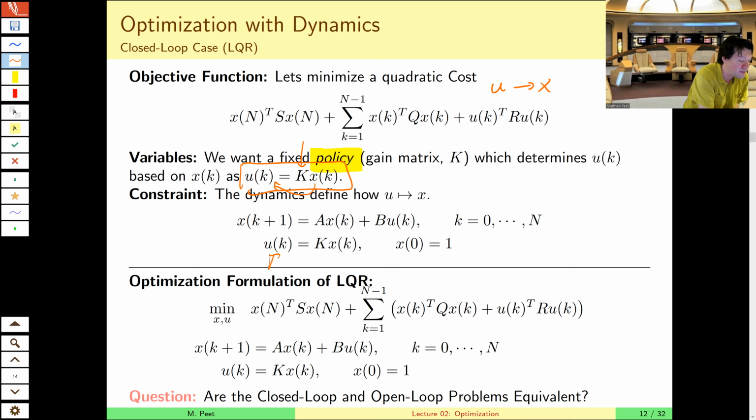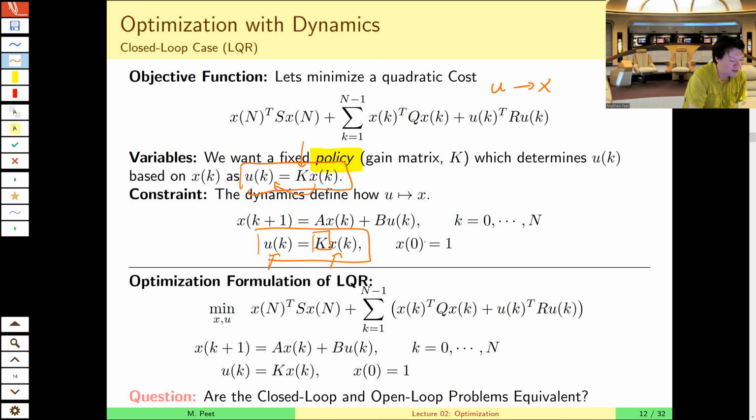So we don't need to optimize over u. We don't need to optimize over k. We're just solving over x. We're only solving over k. So in a way, it's actually a slightly harder problem because we're adding this relationship, another constraint, to each of these time steps.